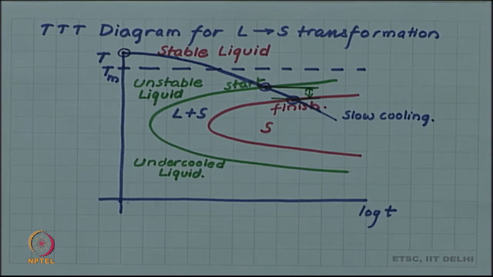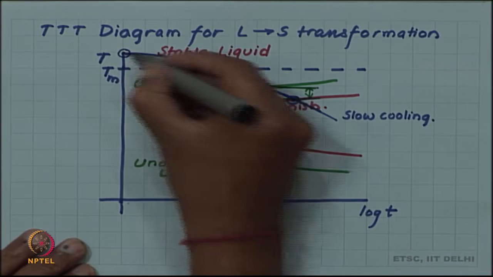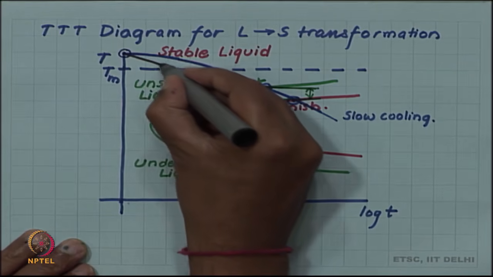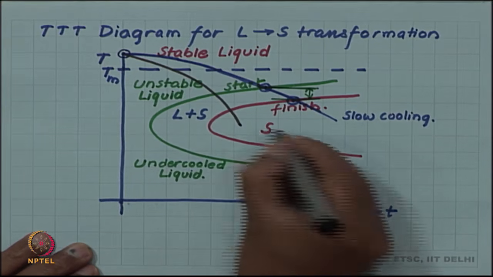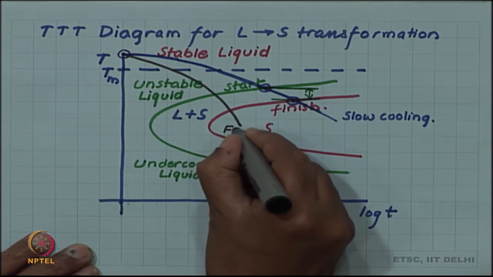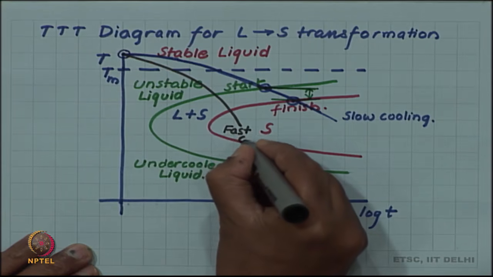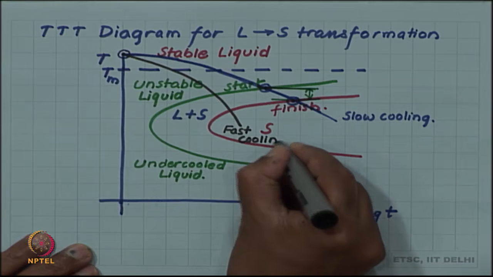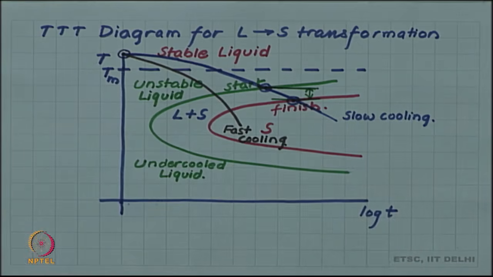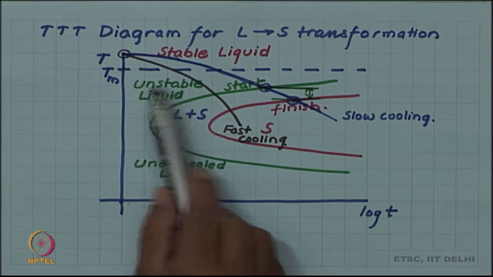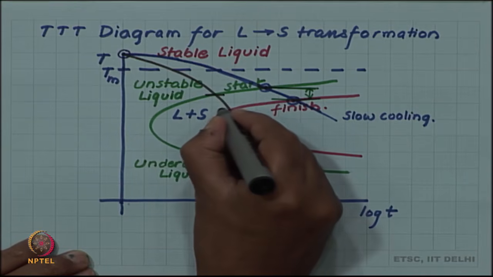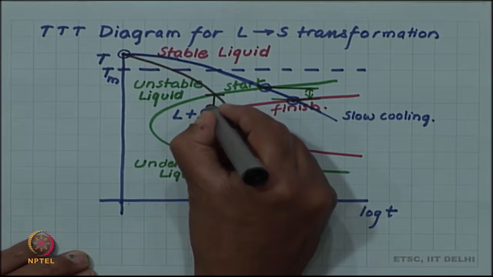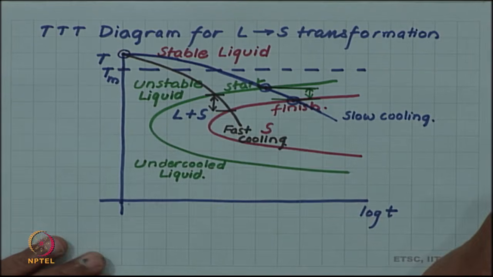In comparison with another line which I am going to draw now, which will represent a faster cooling. Because you can see that the temperature is now falling much more rapidly compared to this blue line. And if you now compare the temperature range over which this transformation is happening, it is this.